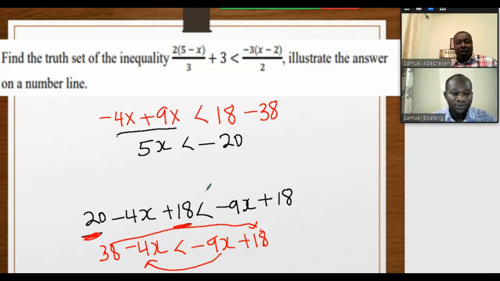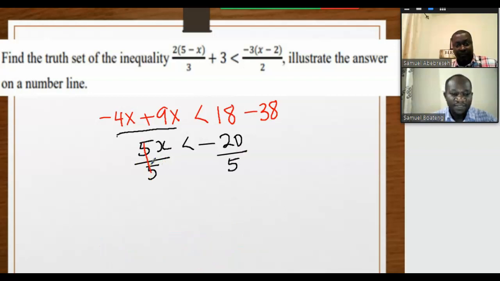Okay, so we want to find x. Let's divide both sides by 5. 5 will cancel 5. You have x less than, so 5 into minus 20 will give you minus 4.